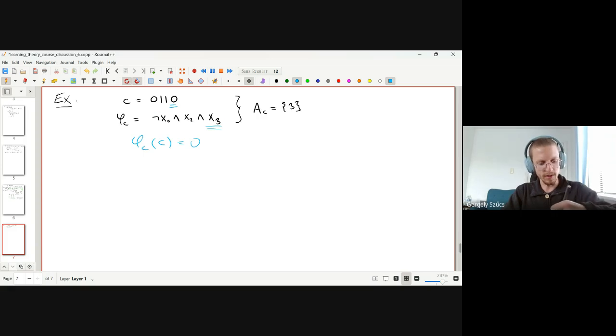So we pick the one that makes C false. Got it. And there has to be at least one of those, because we constructed phi C in a way to make C false. And as we talked through, it takes a bit of looking through carefully, but you can show that they also need to be disjoint given the construction.